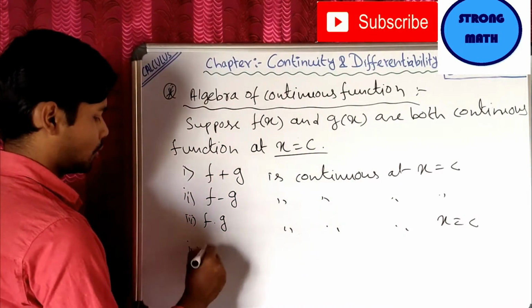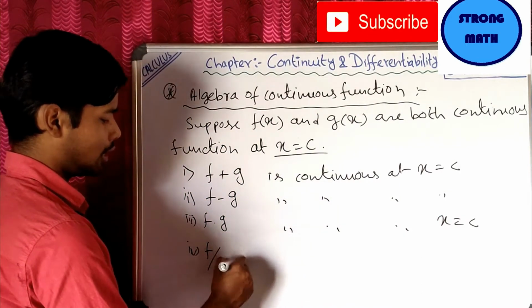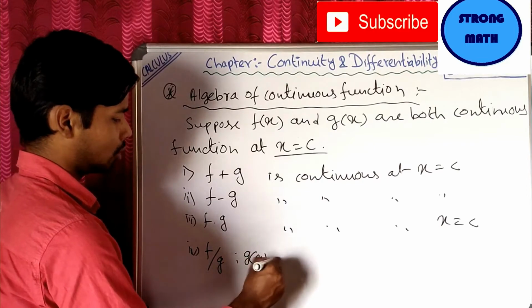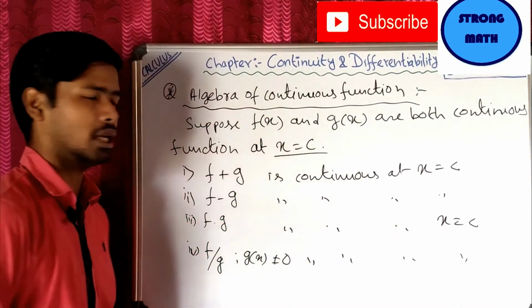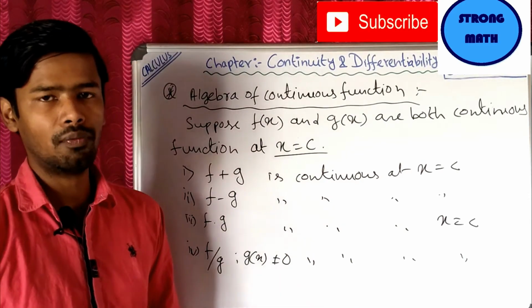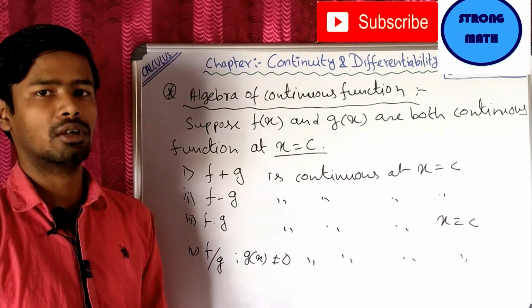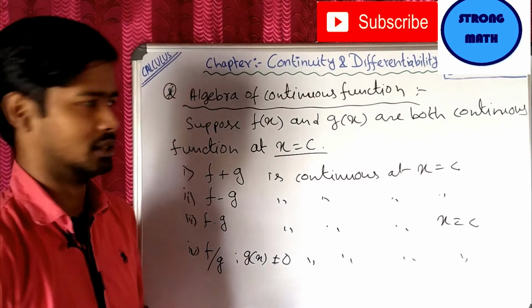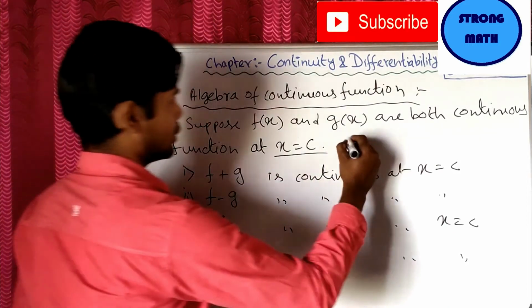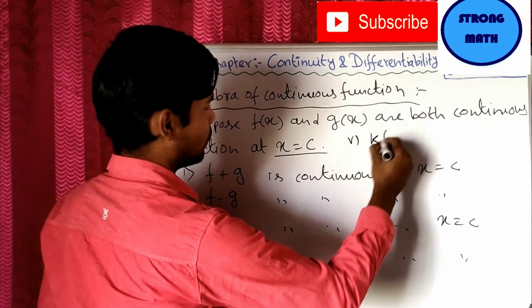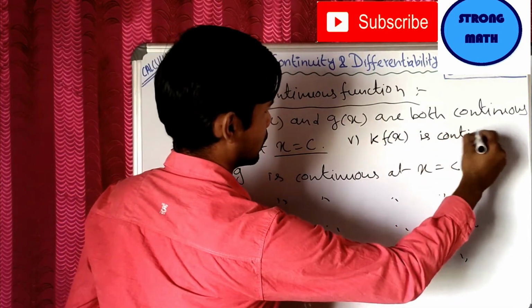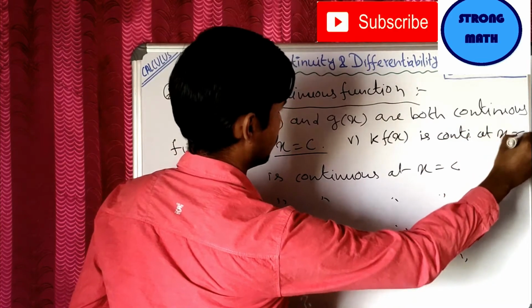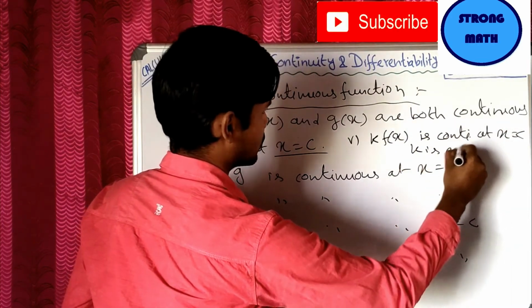Number 4, f by g, provided g of x is not equal to 0, is also continuous at x equals c. These are the basic properties of algebra of continuous functions. Number 5, k into f of x is also continuous at x equals c, where k is a constant.